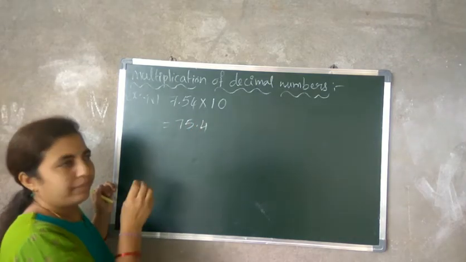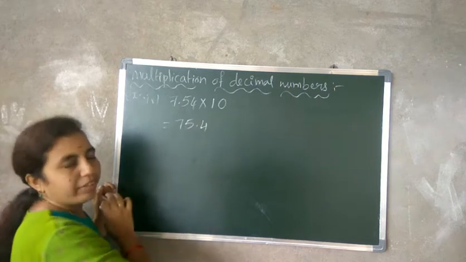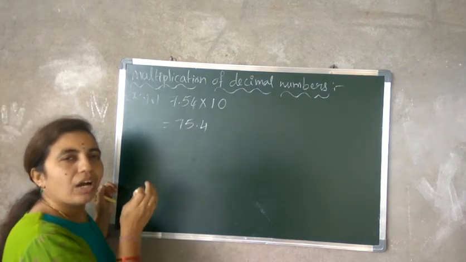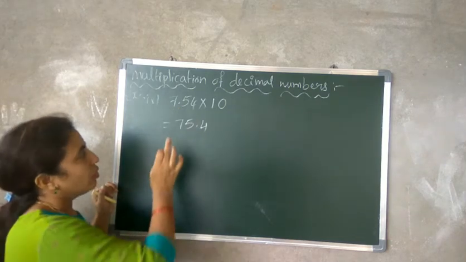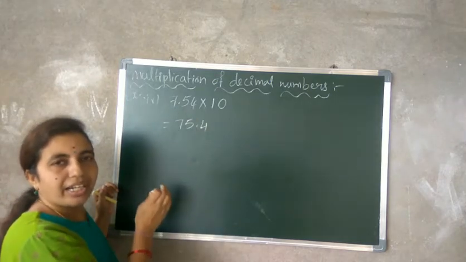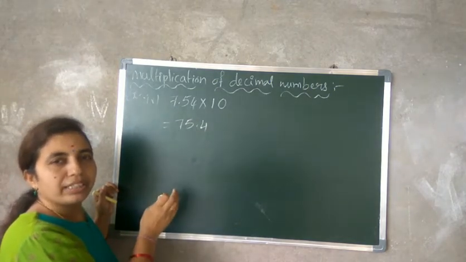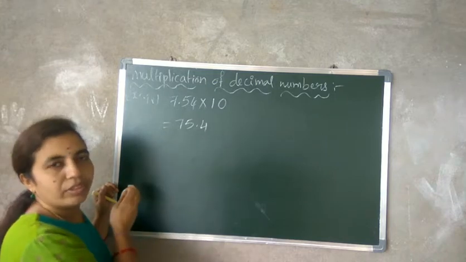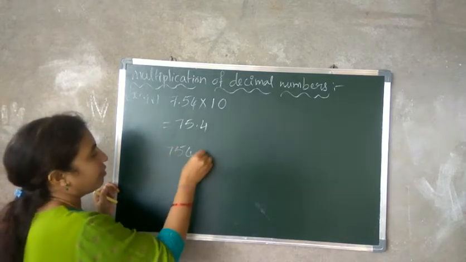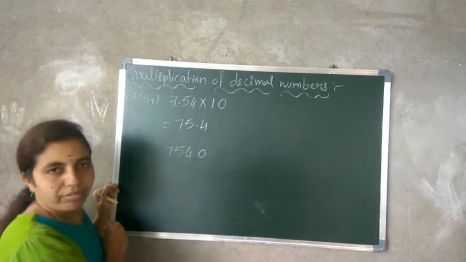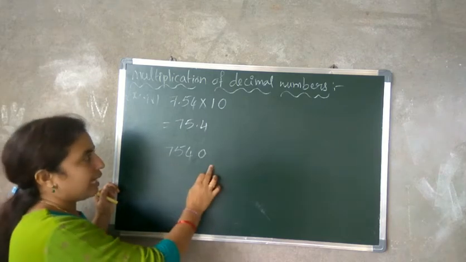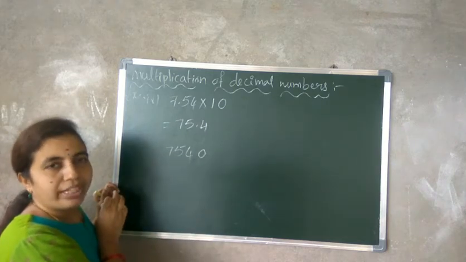If you want proof, see. When you are doing multiplication, you have to multiply without the decimal. So without the decimal, this number is 754. And when you multiply 754 by 10, you get 7540. After that, you should count the decimal digits.